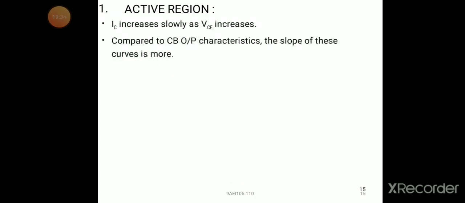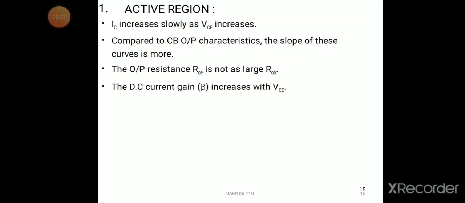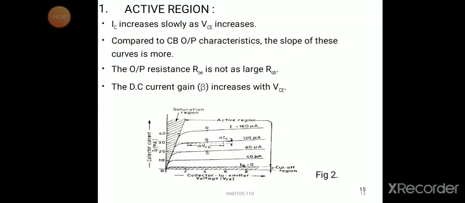First, what is the active region? Properties of the active region: IC increases slowly as VCE increases. Compared to common base output characteristics, the slope of these curves is more. The output resistance ROE is not as large as ROB.